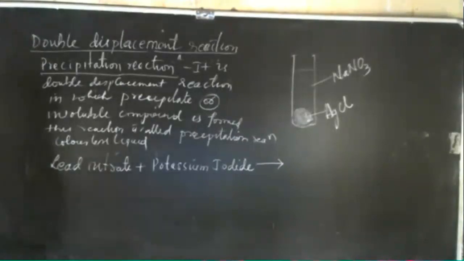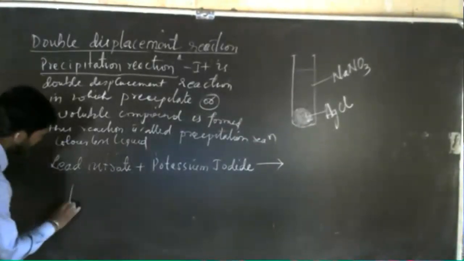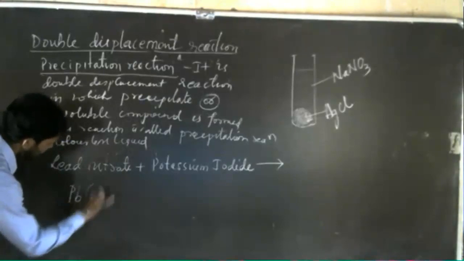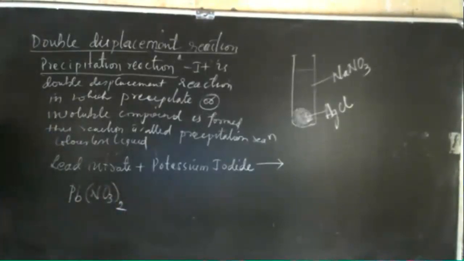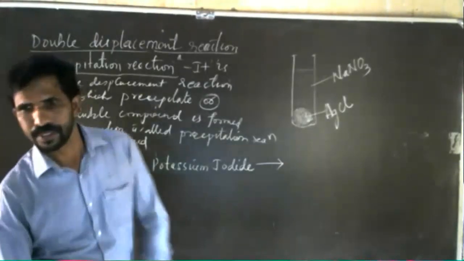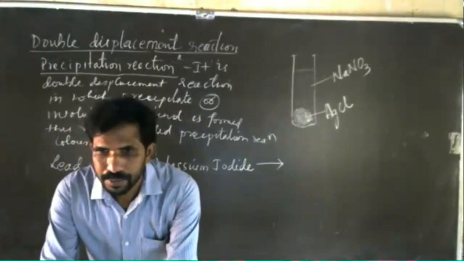Vaishnavi, I think your equation is wrong. Okay, lead nitrate. How to write lead nitrate? Pb(NO3)2 is lead nitrate.